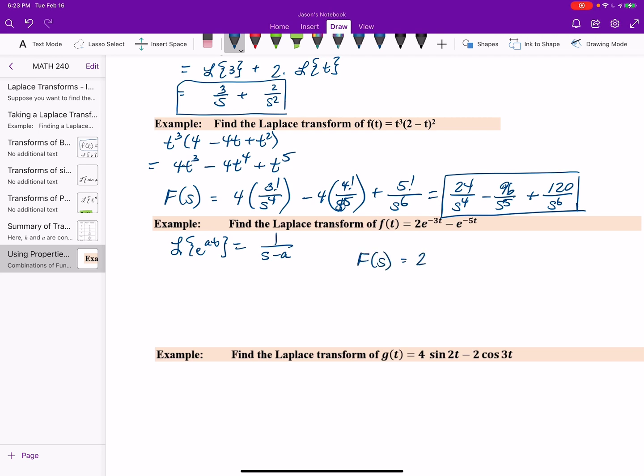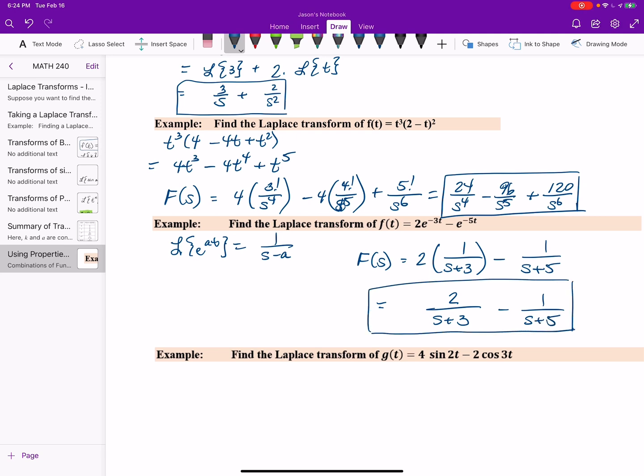There's a 2 out front, so I'm going to be multiplying a transform by 2. 2 times 1 over, that'd be s minus negative 3, which is s plus 3, minus the Laplace transform of e to the negative 5t, which is 1 over s minus negative 5, which is s plus 5. And you can write that as 2 over s plus 3 minus 1 over s plus 5, which you could also combine and write into one fraction, find the lowest common denominator, etc. There's no need to do that here.